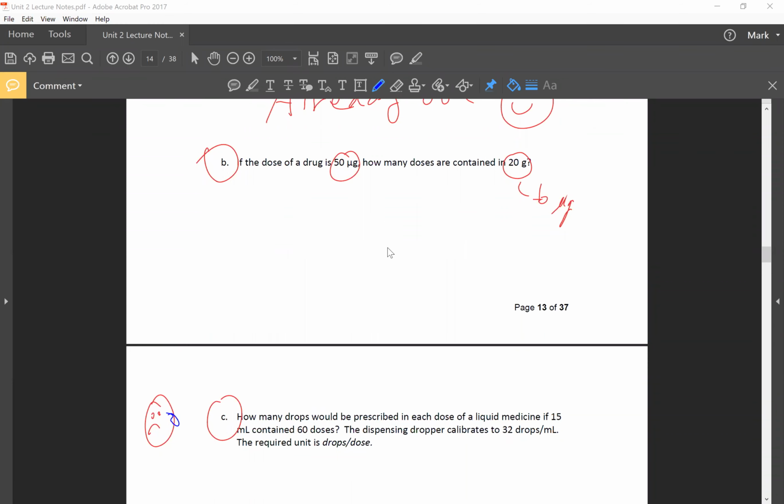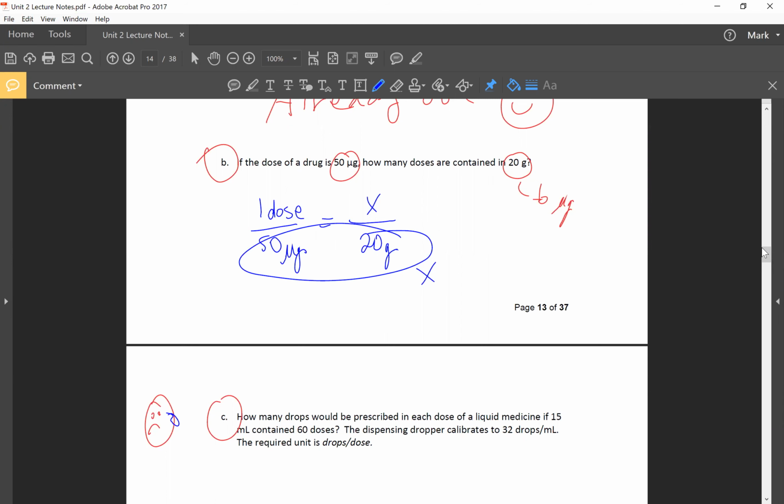The setup to this is really easy, and I'm going to write something wrong. Just hold on one second. I know that one dose is 50 micrograms, and the question is how many doses are in 20 grams? Okay, that's not right. This doesn't work.